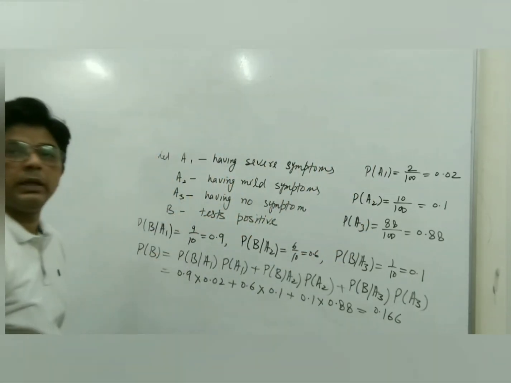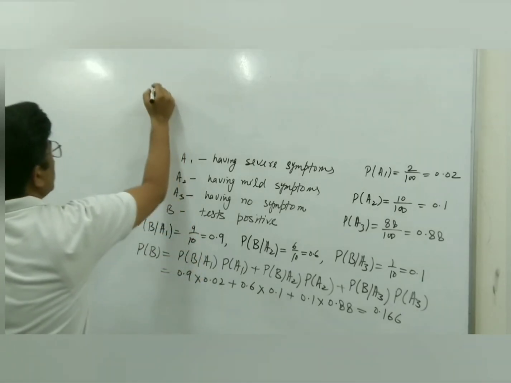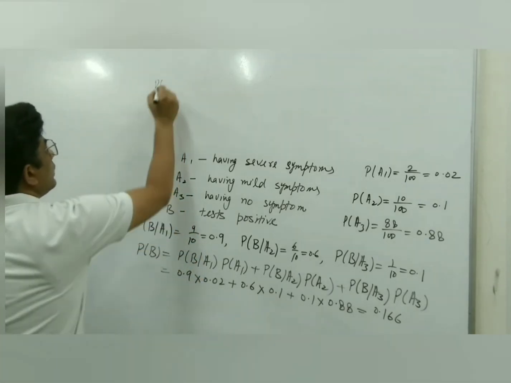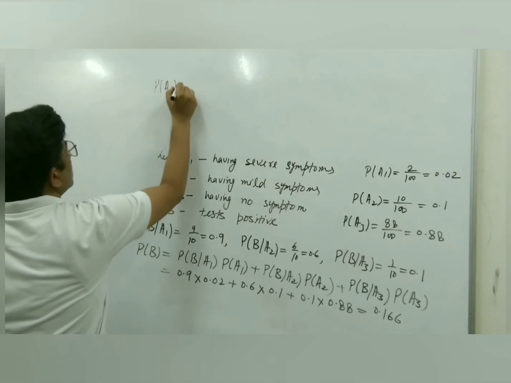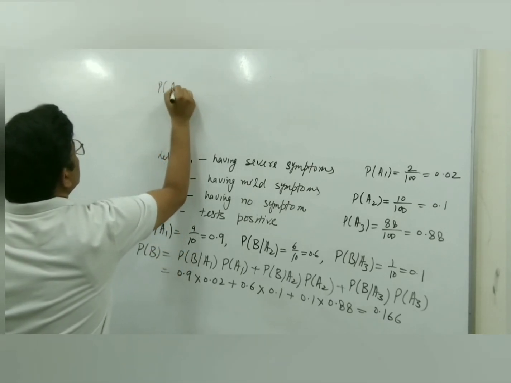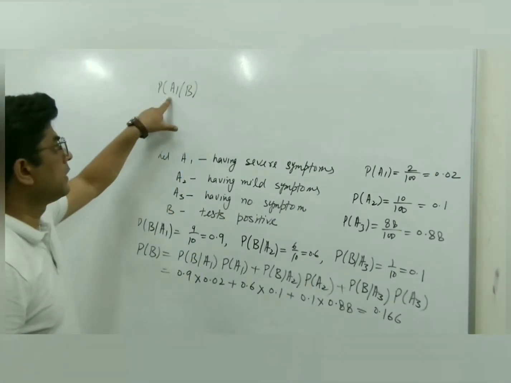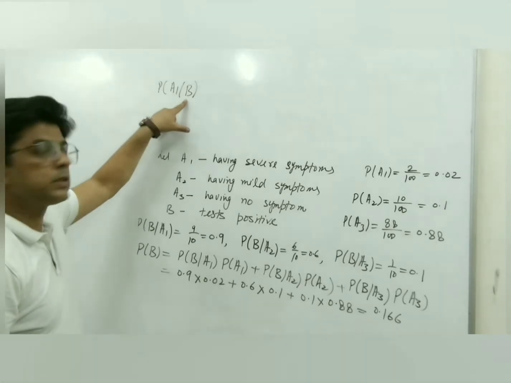Now we have to find the probability that a person X has severe symptoms given that he tests positive.